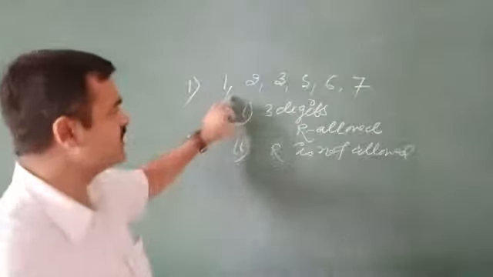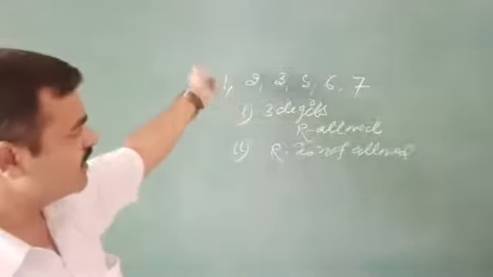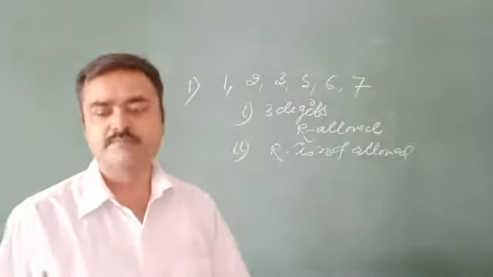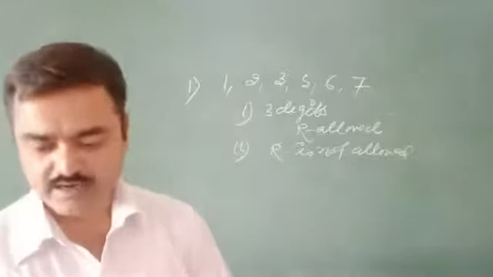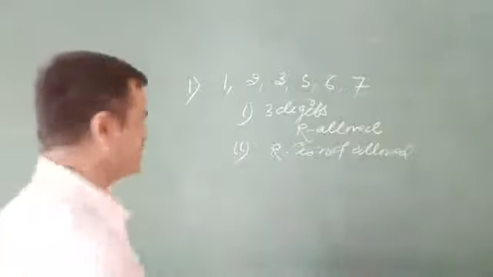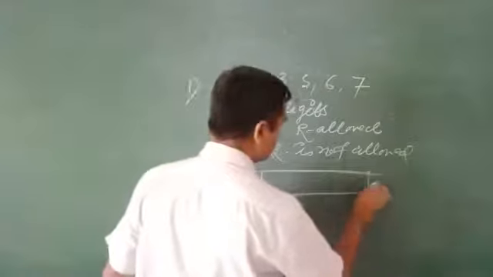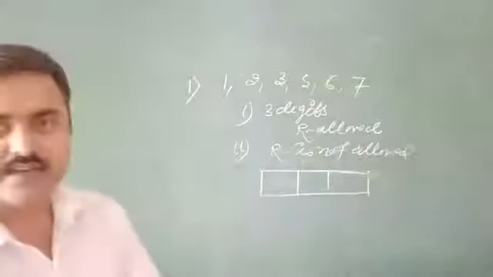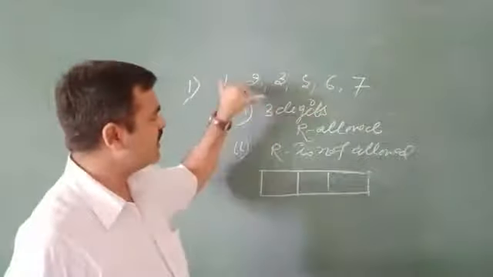The question is, by using these digits, how many numbers of 3 digits can be formed if repetition is allowed and if repetition is not allowed. So see here, how can you frame a number of 3 digits? Make 3 boxes here, and you have to fill these boxes with these digits.